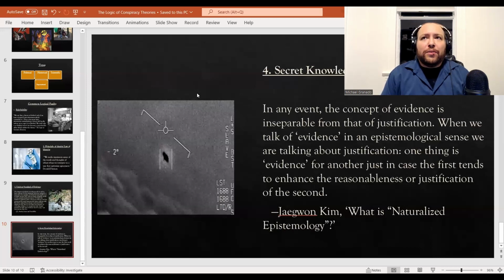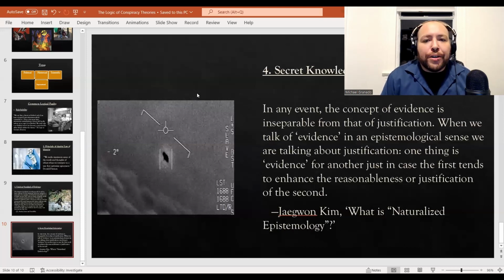The reason why that's bad in terms of logic is that that's not how evidence ought to be used in an argument. Justification for a belief is based on the positive evidence that the individual has to suspect that that belief is true.